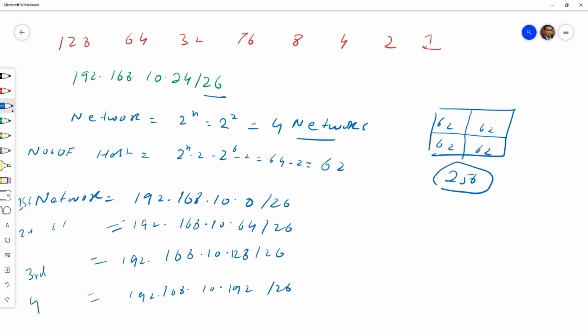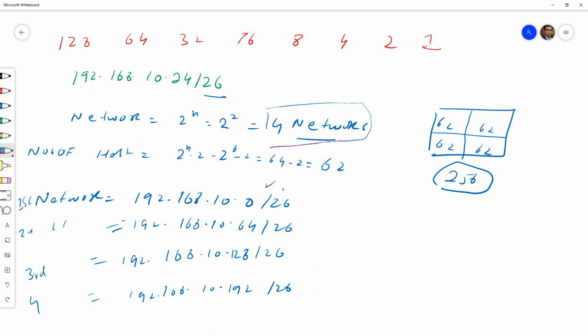Is it correct, sir? This is the block of 64. So you need to jump 64, 64, 64, 64. That will give you, this is now at this level, 4 networks. These are the 4 networks.